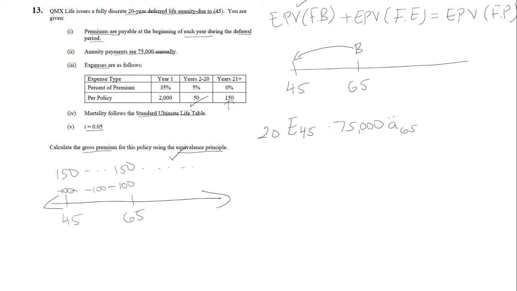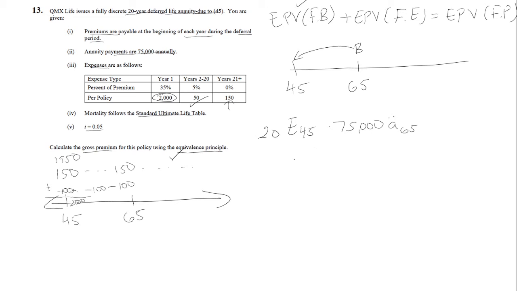But if we do that, well, it's 150 minus 100, we're left with 50. Well, we want 2,000 for the first year. So 2,000 minus 50, that's 1,950 we need. Because now if you add these up, you should get 2,000 for the first year.